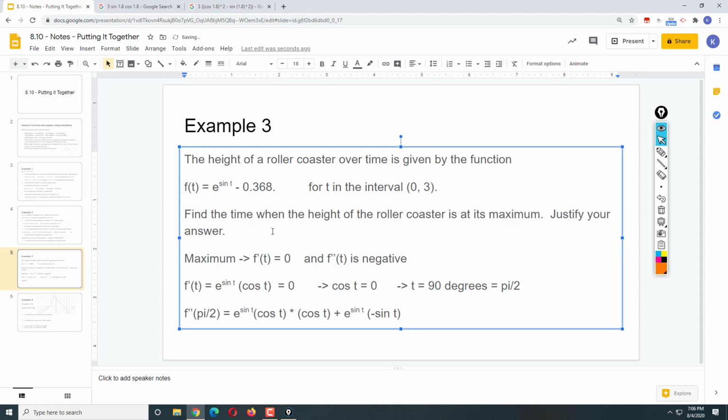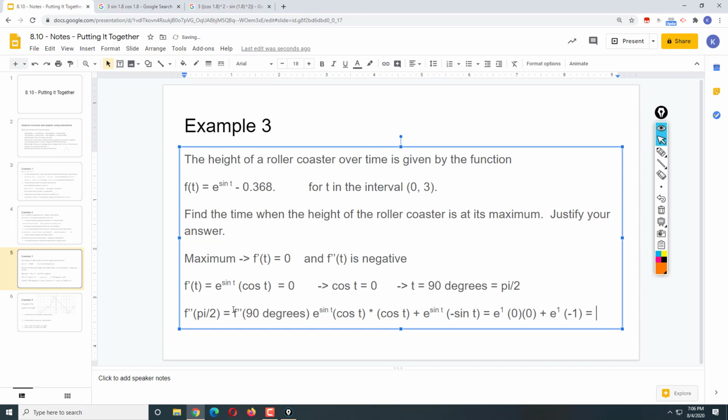Okay. That's equal to, we know pi over 2 is really just 90 degrees, so it's the second derivative at 90 degrees, which is equal to e to the sine of 90 degrees. Sine of 90 degrees is 1, times cosine 90 degrees, which is 0, times cosine 90 degrees, which is 0, plus e to the sine 90 degrees, which is 1, times negative sine of 90 degrees, which is negative 1.